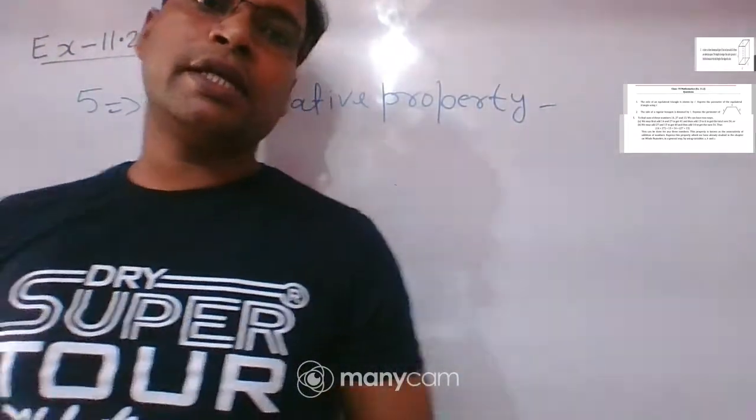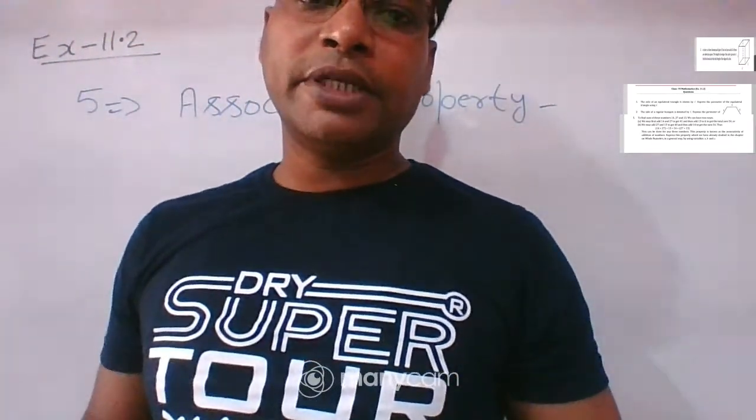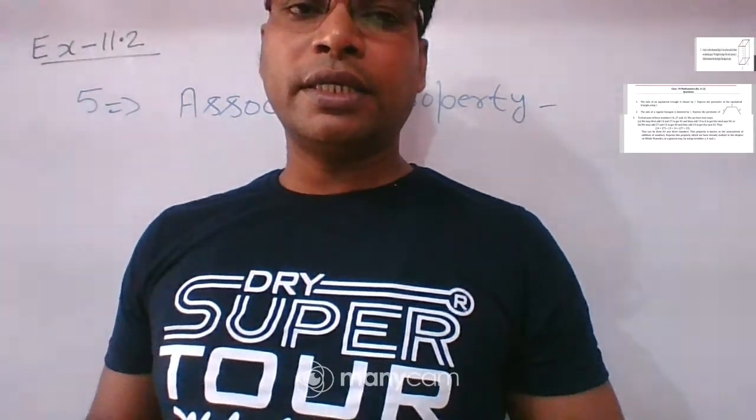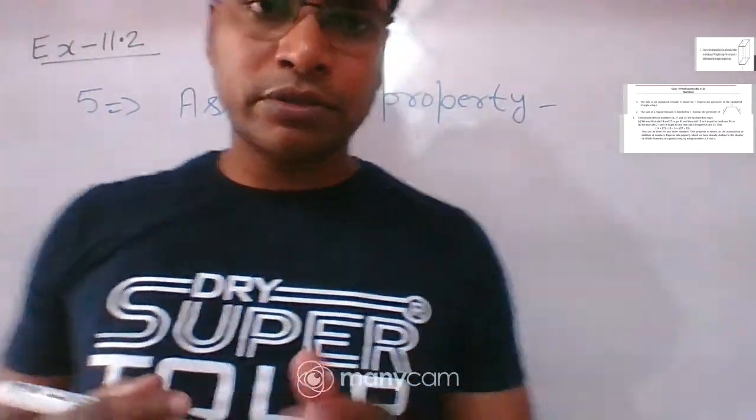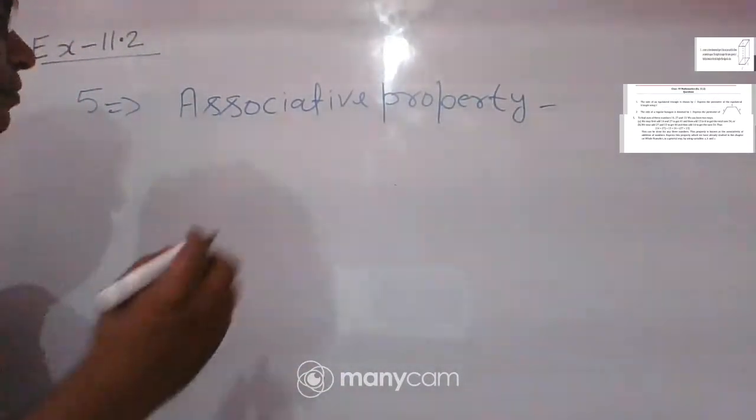So students, here three variables a, b, c are given. We represent it in the form of the associative property.